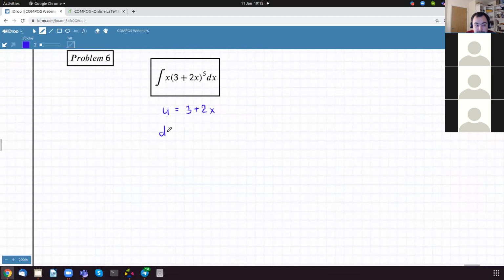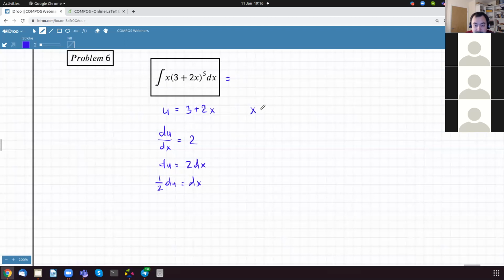So du over dx, you find the derivative, is equal to 2. So du is equal to 2 dx, or a half du is equal to dx. And we're going to use this here. Also, we need to find x as well.